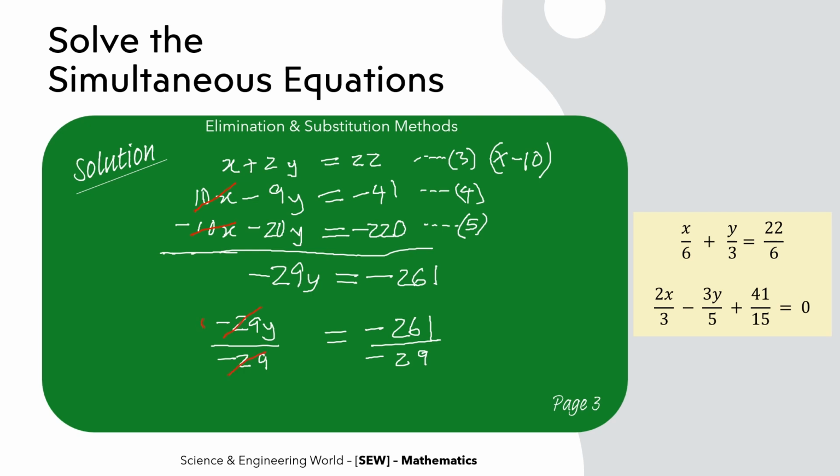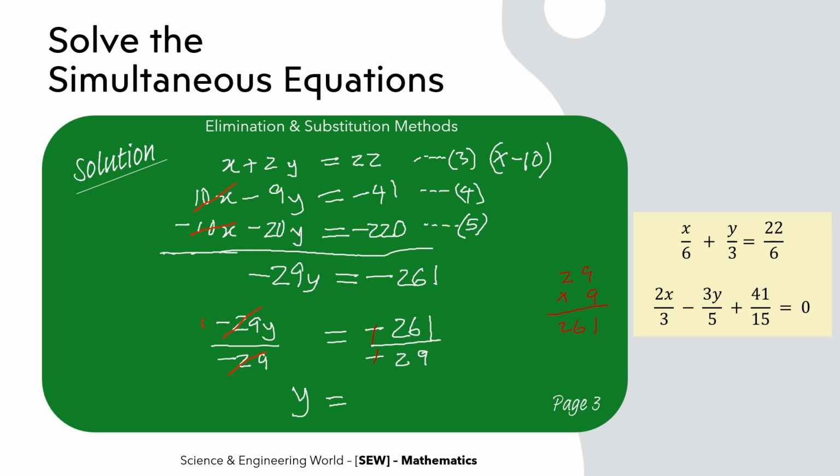And so we now say that y is equal to, we cancel the minus to give us plus, and then 261 over 29. 29 times 9 will give us 261.